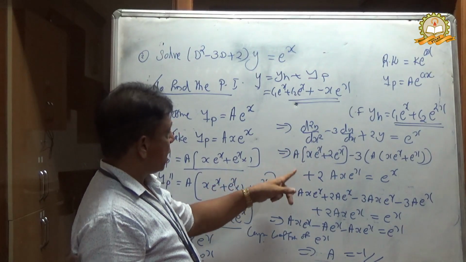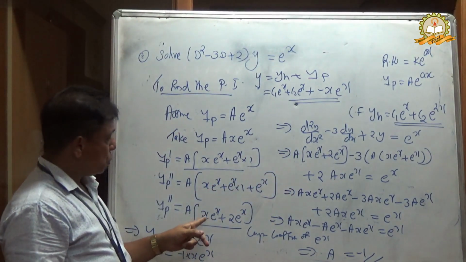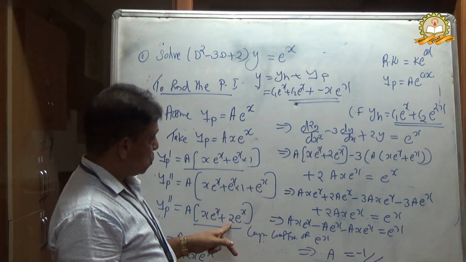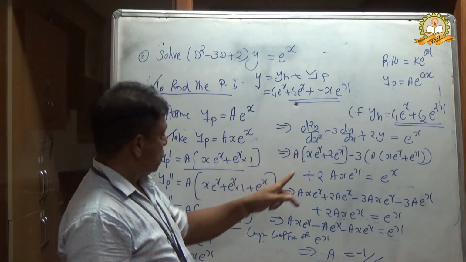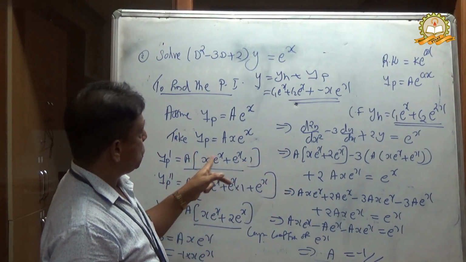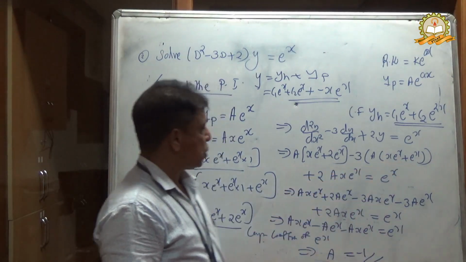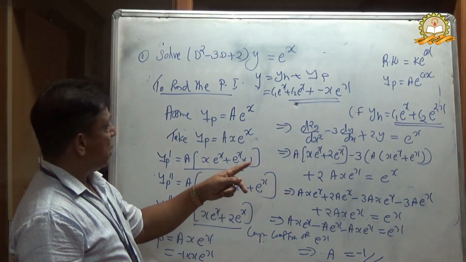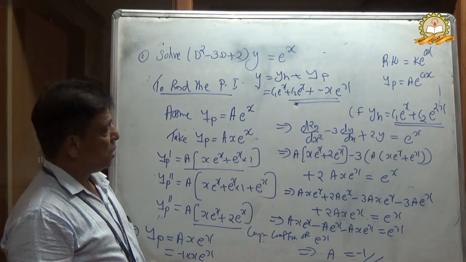Therefore, substituting: a into x into e raised to x plus 2 into e raised to x, minus 3 into yp dash, a into x into e raised to x plus e raised to x, plus 2 into a into x into e raised to x is equal to e raised to x.